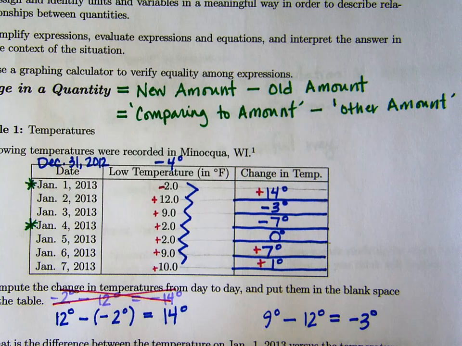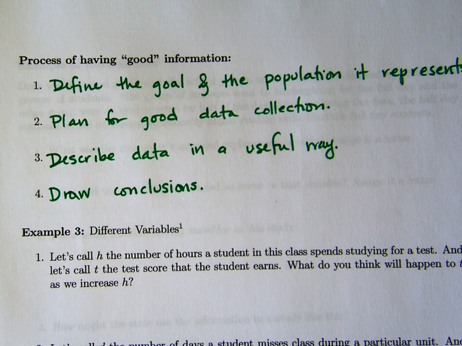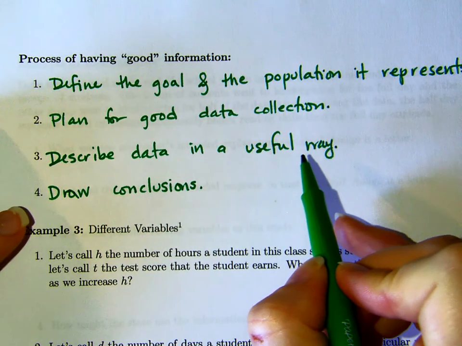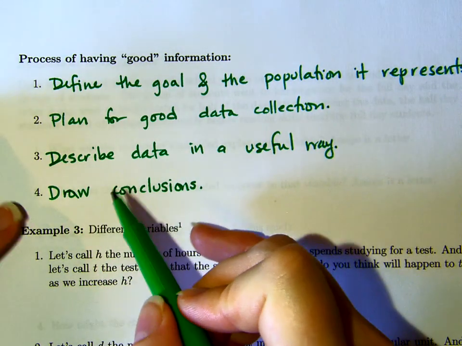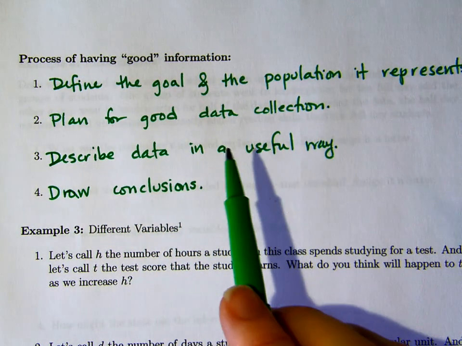How is it changing? Is it increasing or decreasing? How much is it increasing or decreasing? So when we talk about describing data in a useful way and drawing conclusions, we will be looking at that very heavily in all of this course, actually. Okay, in the next video, we'll start dipping into actually using variables to represent the data we are collecting.